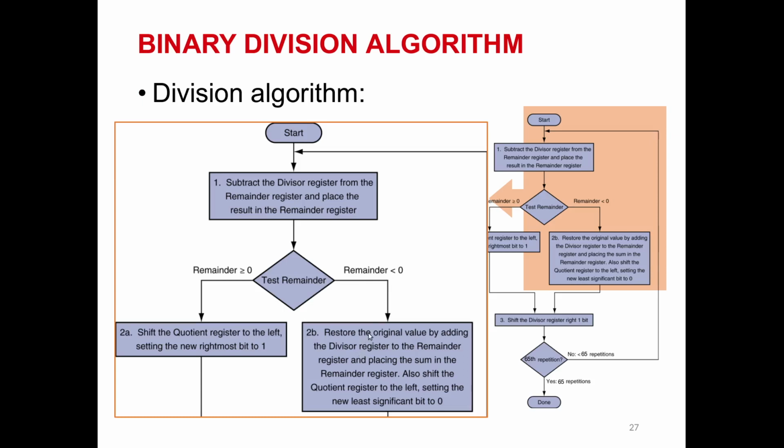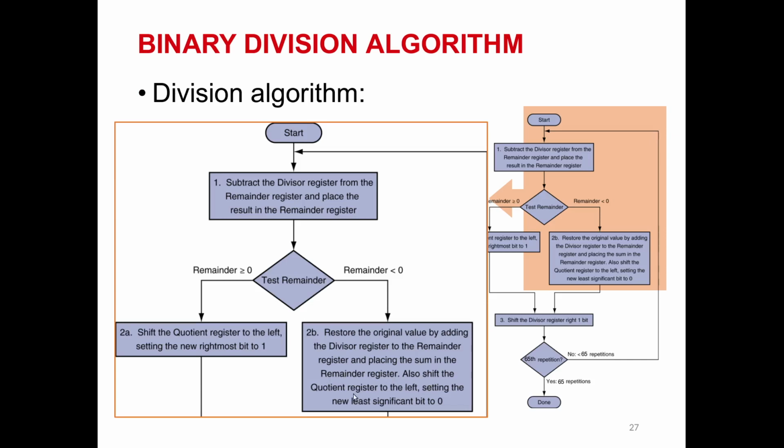it means that you have to reverse the remainder back to the previous value, and the result for the equation will be 0 for that bit, and so you need to restore the original value of the remainder by adding it back together with the divisor, and place the sum in the remainder register.